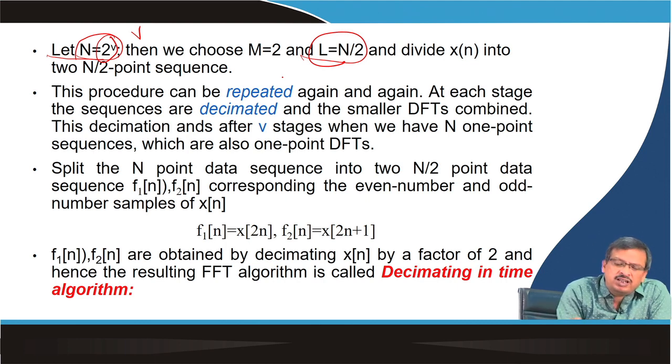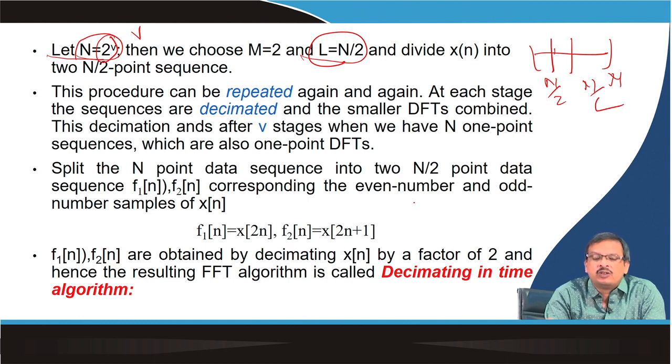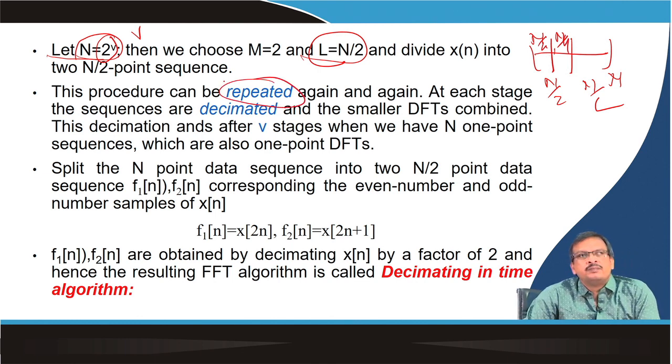So, this procedure divides the signal into two parts: n, then n by 2, n by 2, and then n by 2 can be divided again into n by 4, n by 4. This procedure will repeat until I get a one-point sequence.